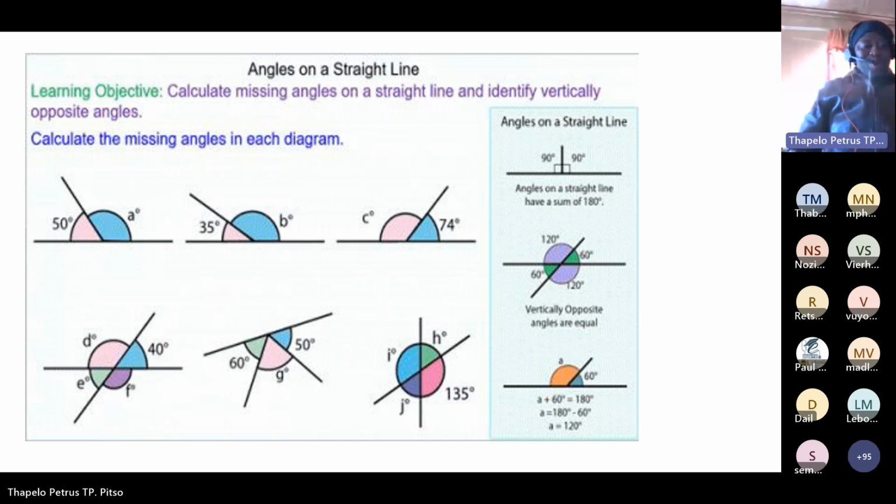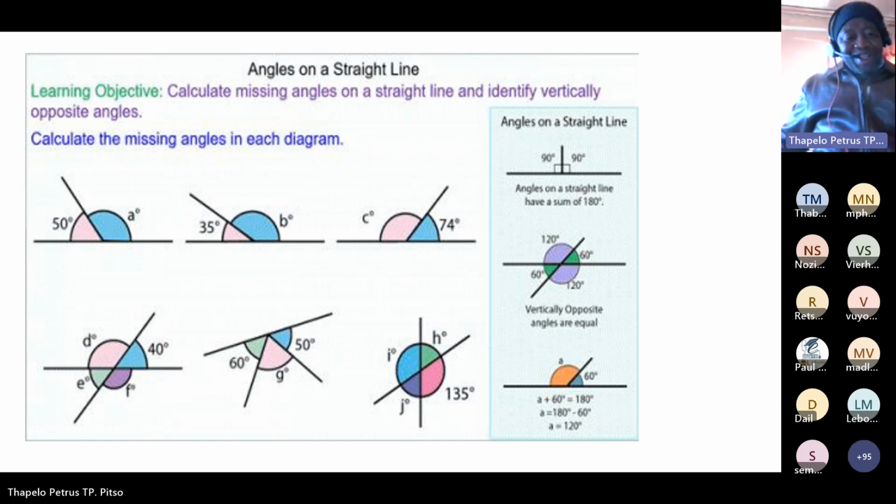And when we go below, look at angle E. And look at the angle that is equal to 40 degrees. How are they related? How are they related? Vertically opposite angles. And what do you know about vertically opposite angles? They are equal, yes. Therefore, angle E is equal to 40 degrees. Let's also go further.